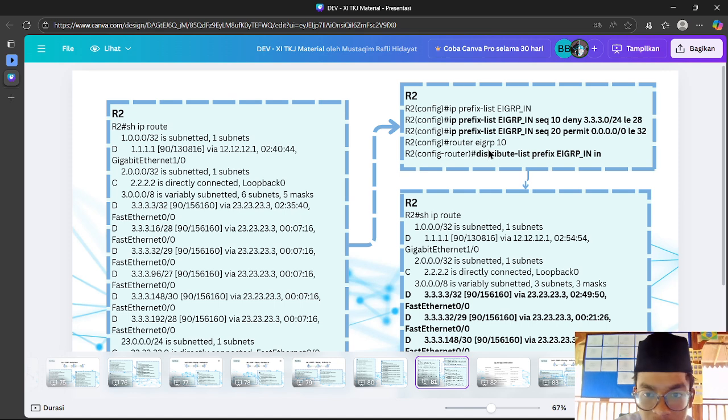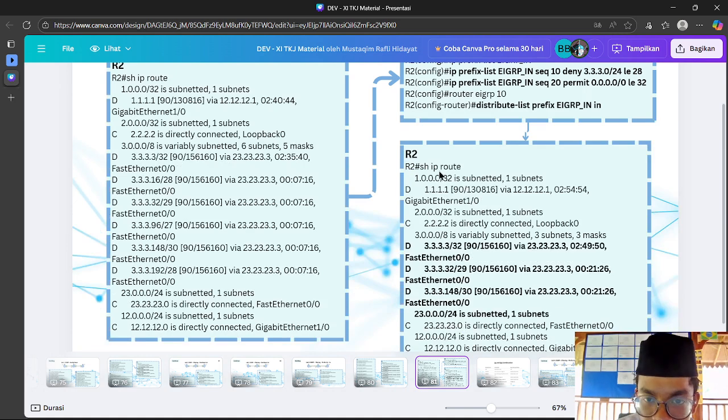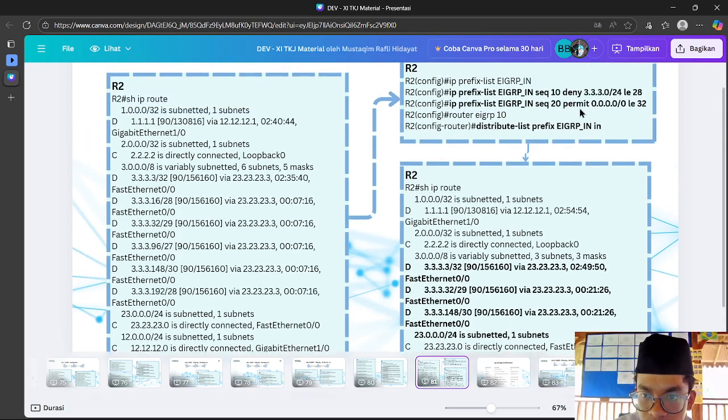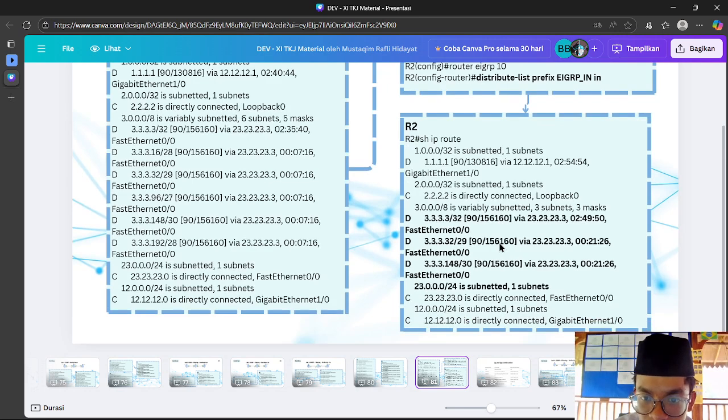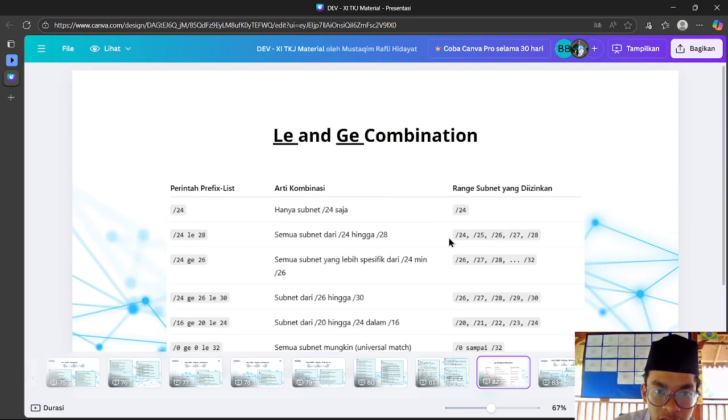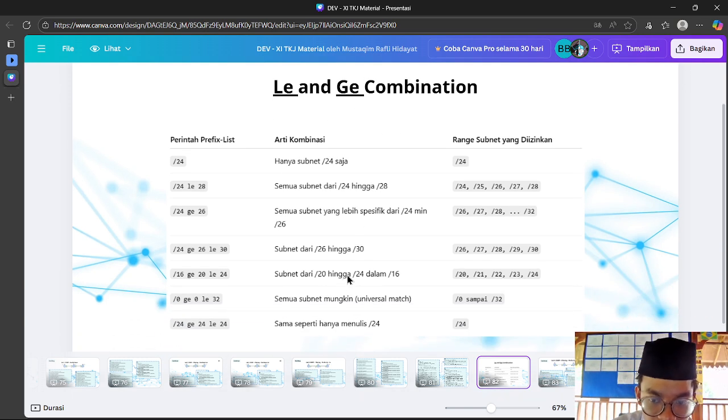Then router EIGRP 10, then distribute-list prefix EIGRP in. The meaning is the network cannot enter router 2. And when you show ip route, there is no network 233/24 until /28. Then you can see the combination here.